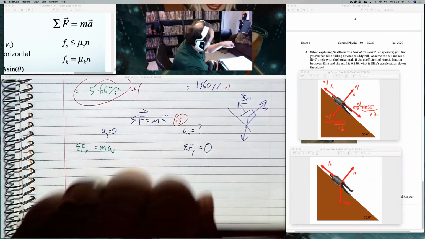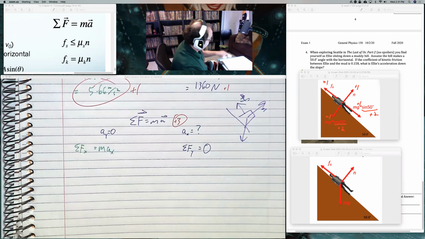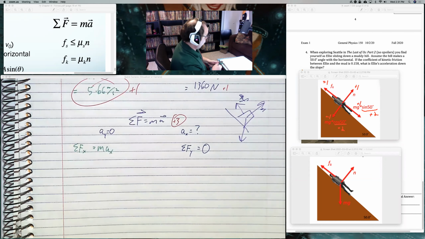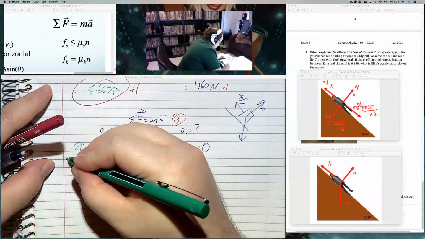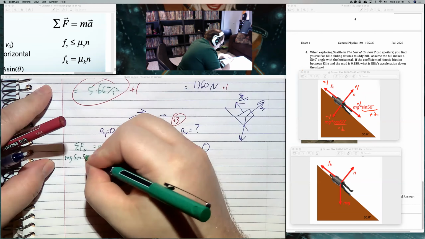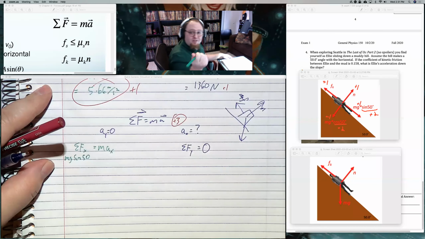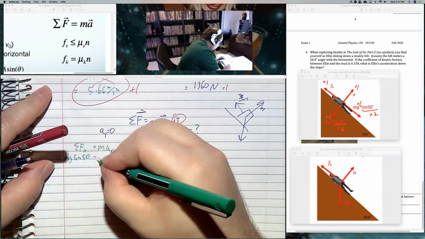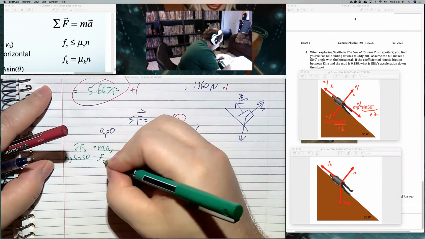And I'll say, okay, we can make these equations. In x, my equation is always right minus left. And looking at my picture right there, my right is mg sine 50. My left is friction. Point wise, that was 2, 2, 1 again, +2, +2, +1.